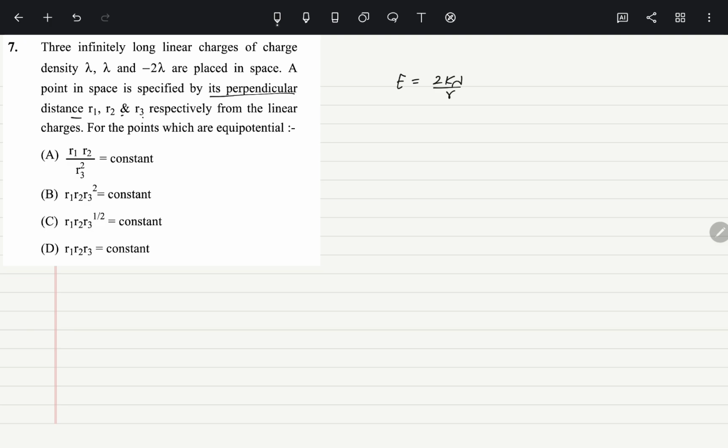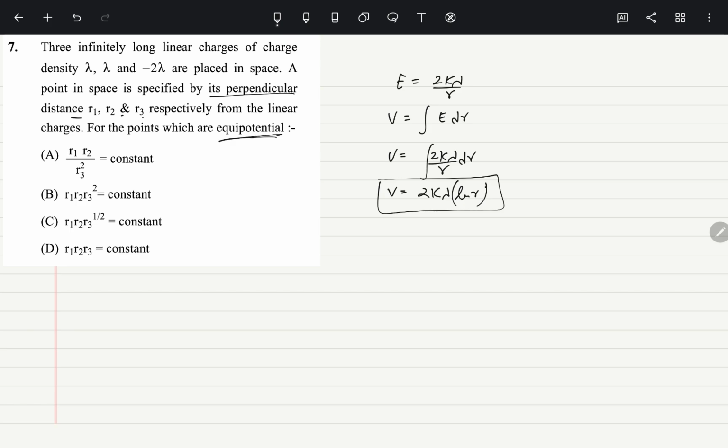Now from this, we calculate the potential, because we need to find the equation of the potential surface. So V is equal to the integration of E dot dr. So V is equal to the integration of 2k lambda by r dr, and that integration is 2k lambda ln r.